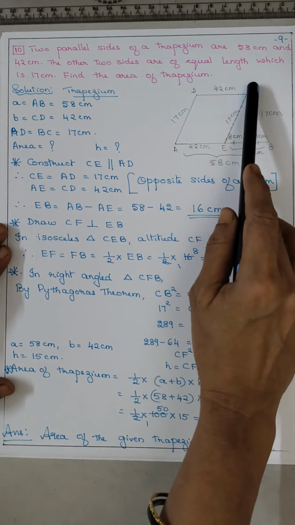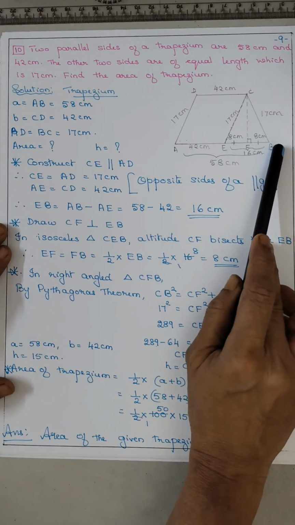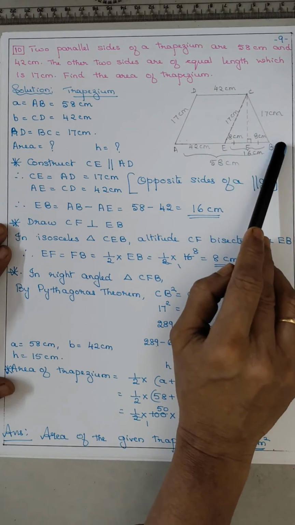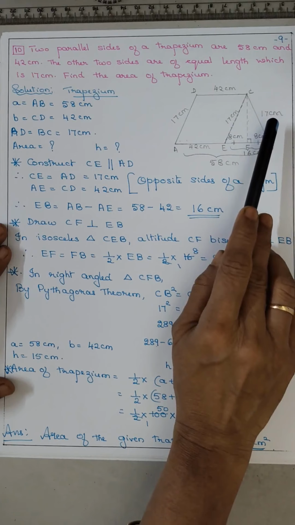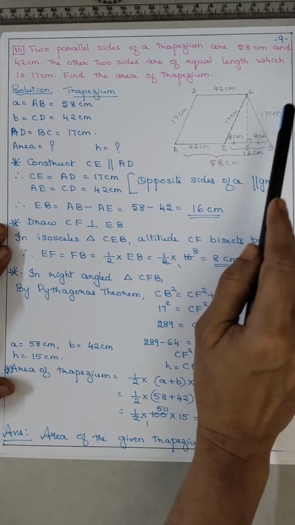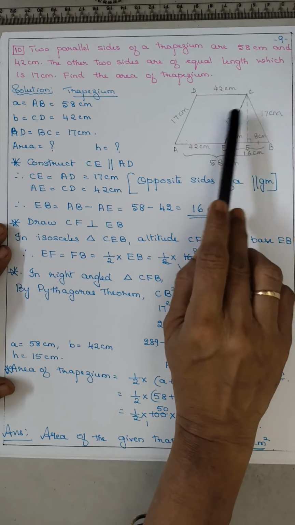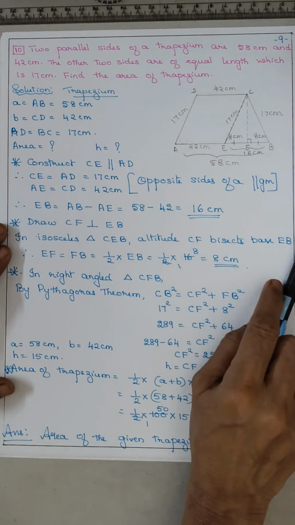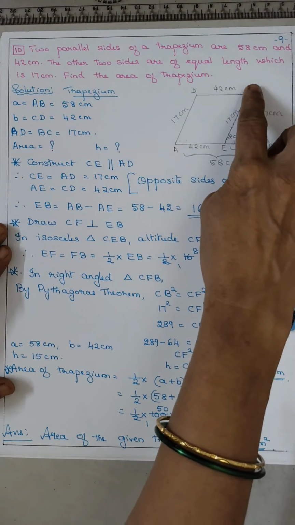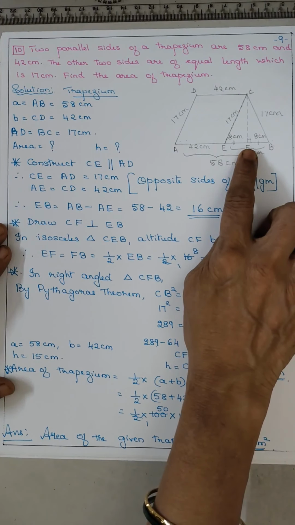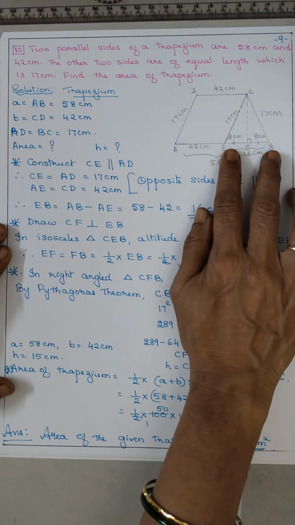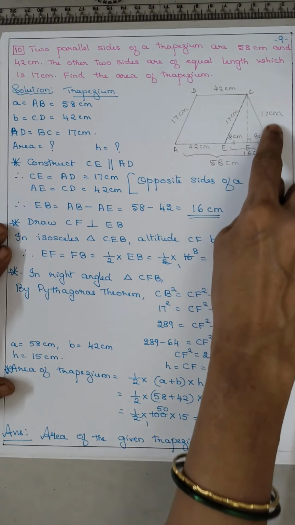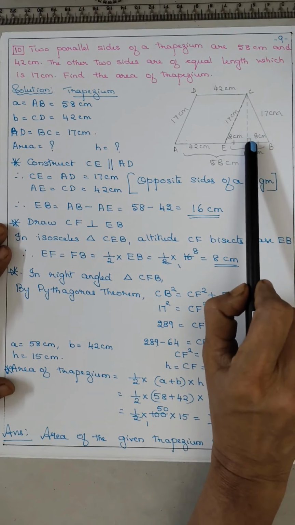Now the next step is draw CF perpendicular to EB in isosceles triangle CEB, because these 2 sides are equal. That's why it becomes an isosceles triangle. So in isosceles triangle, the altitude from the vertex, where the 2 equal sides join, drawn to the base, divides the base into 2 equal halves. That is why 16 will be halved, that is 8 each. So now this small triangle is the right angle triangle, because here is the perpendicular.